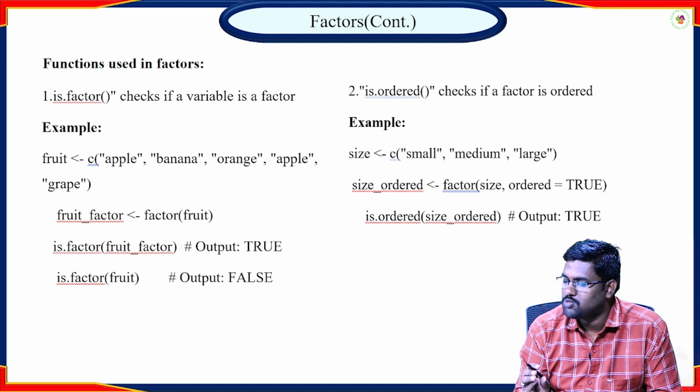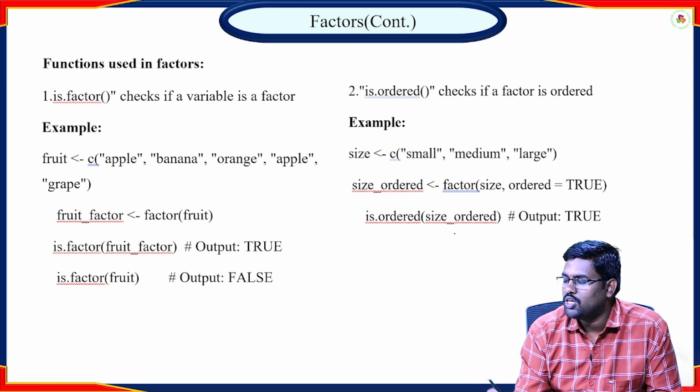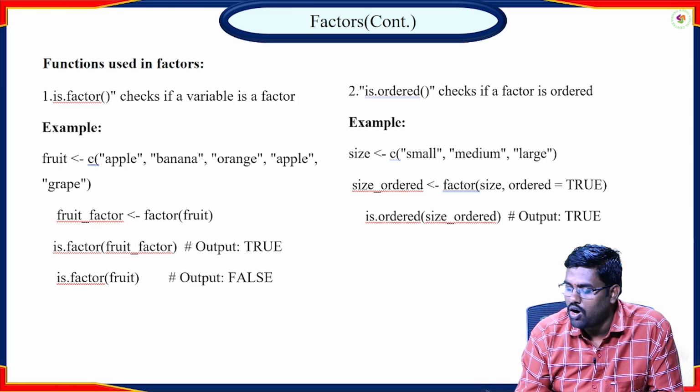First size is small, next size is medium and next size is large. So the output is TRUE. That's why we are calling is.ordered of size_ordered, and the output is TRUE. In case I call is.ordered of size, it displays that these also belong to ordered, because we are defining all of them in the form of orders.